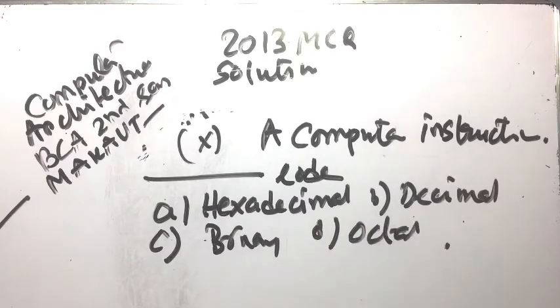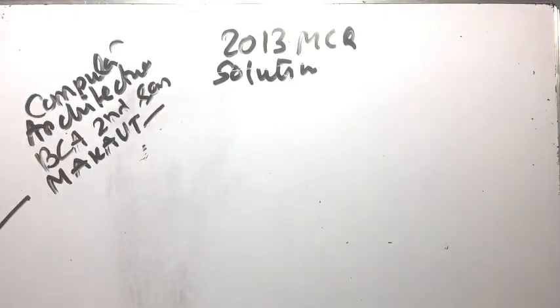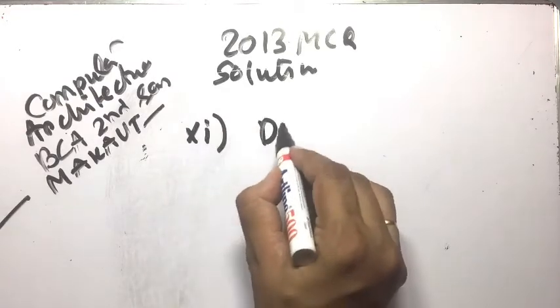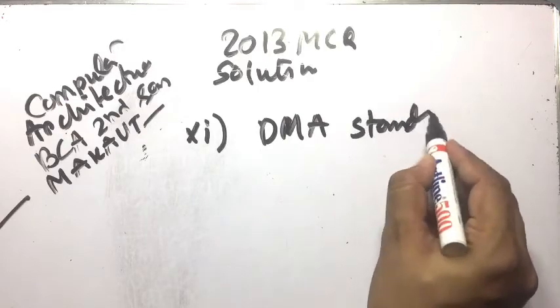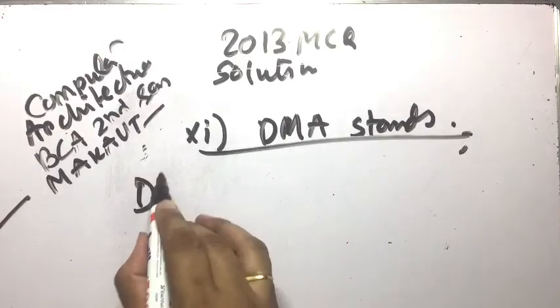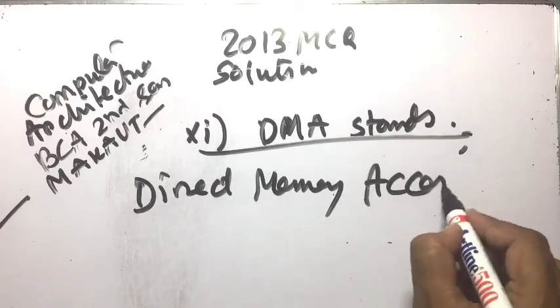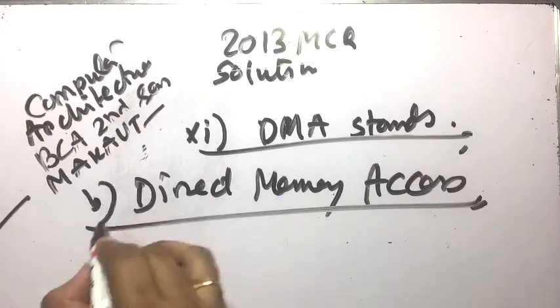The answer is definitely binary. Next one is DMA. What does DMA stand for? It is a well-known question: direct memory access. The option is B.